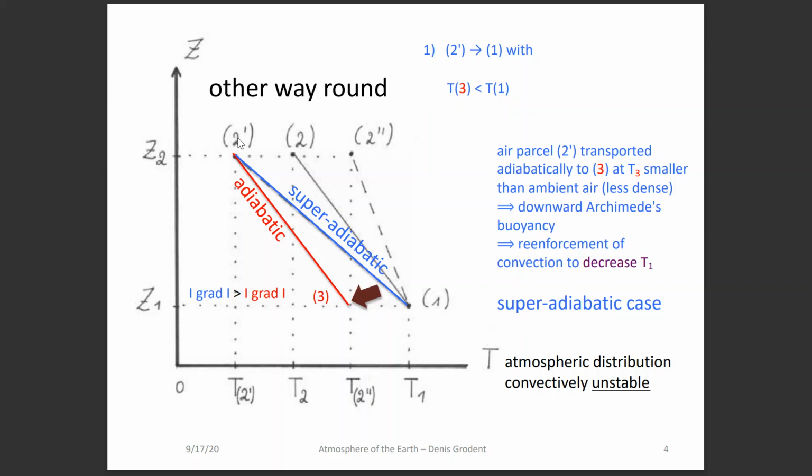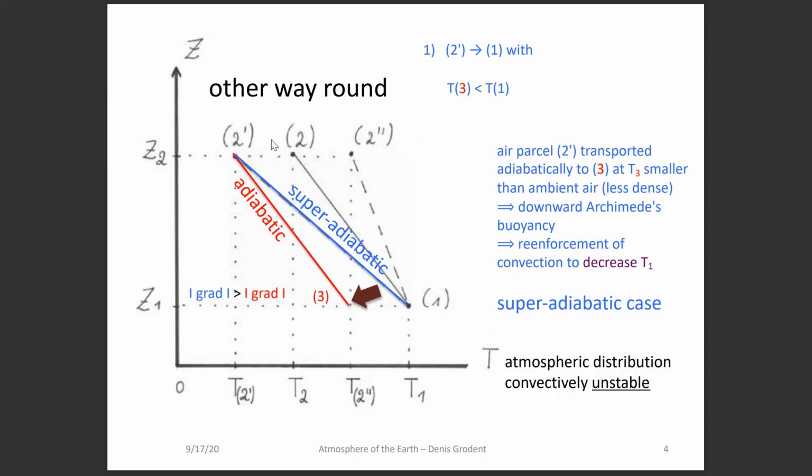For example, you got the atmosphere that goes from 2 prime to T1. So the atmosphere would have a temperature which is higher, so it will have a lower density.